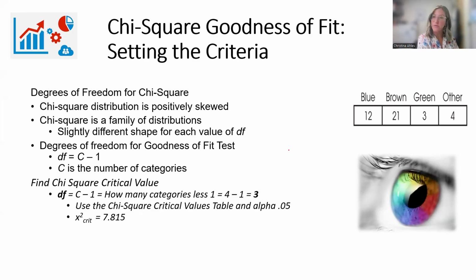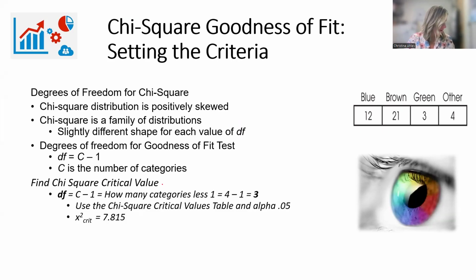And now instead of using sample size, which was 40, if you recall, we're no longer using sample size for degrees of freedom. What we're using is C minus 1, where C is the number of categories. So in this case, we have 4 categories minus 1, our degrees of freedom is 3.